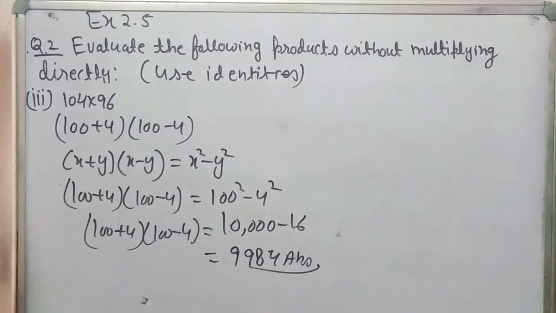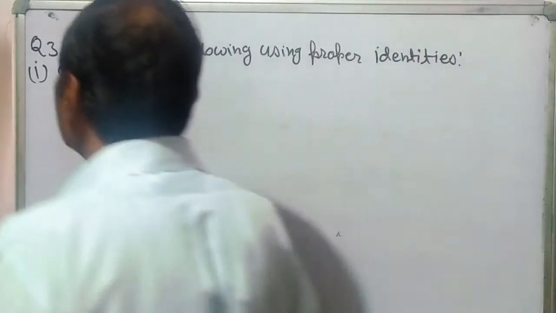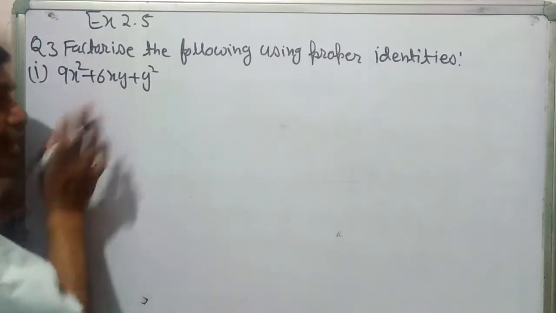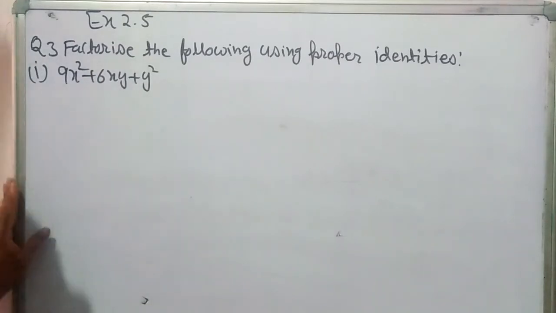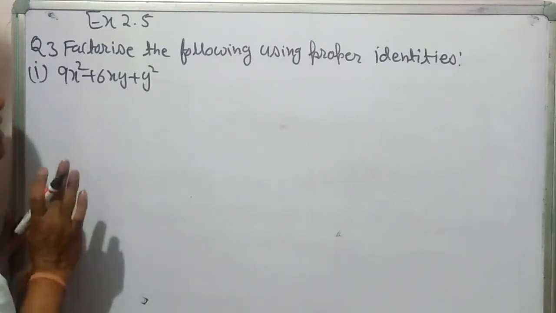So that will be the answer for this part. Please remember, whenever you are using any identity, you are only putting the values of the terms. Question number 3, dear students, is to factorize the expressions using some proper identities. How shall we do that? The first thing that we identify is the number of terms. It is 3. We recollect all 8 identities, and we see that only in the whole square identities, x plus y whole square and x minus y whole square, 3 terms were there, or in (x plus a) multiplied with (x plus b).